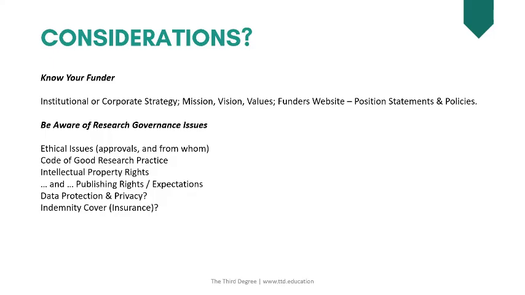And what I mean by this is, as an academic, as a PhD candidate mostly, we're bound first by our university rules. Then we're bound second by the funders' rules. So we've got to make sure that these two match up in a way that is comfortable. And this is going to come into a few different things. First, ethical issues, approvals and from whom.